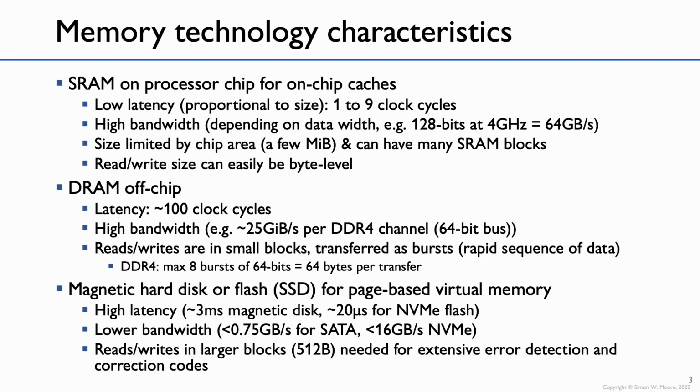On the other hand, if it's an NVMe based device that runs over PCI Express, then you're going to get tens, sort of 10 gigabytes or so a second. I think the upper limit's about 16 gigabytes per second, but quite hard to reach that.